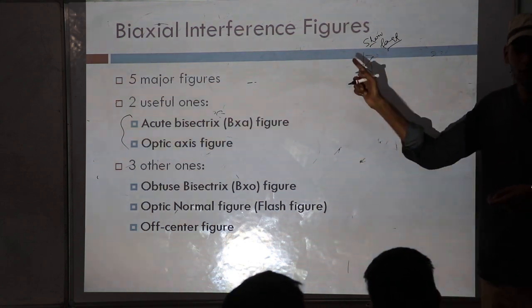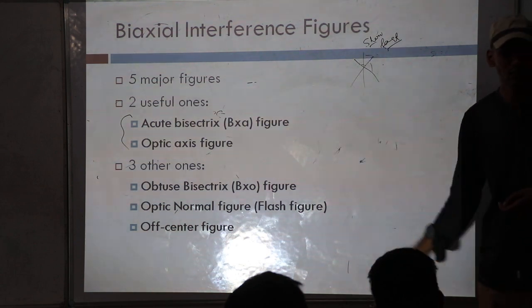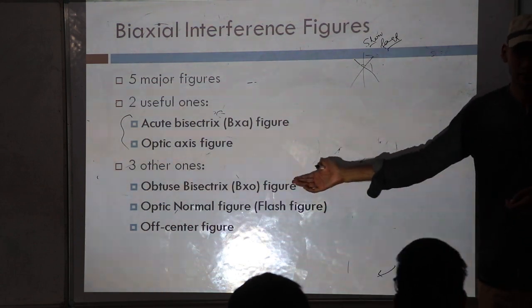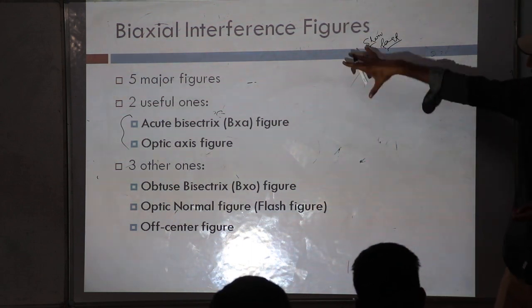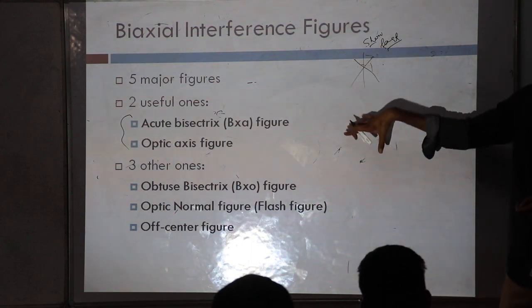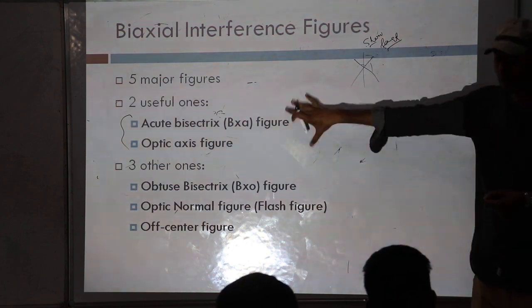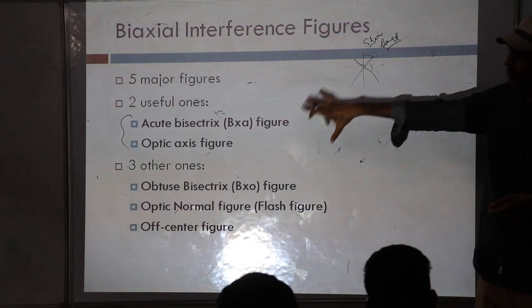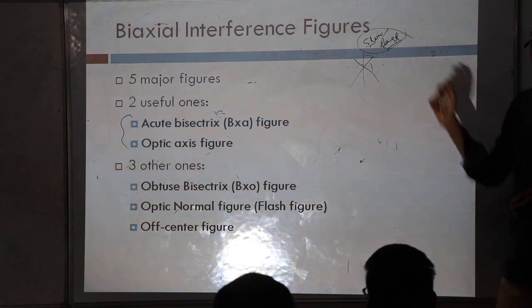If that is known to us that the acute bisectrix is slow, then what is the use of determining optic sign? Got that? We do not know whether this acute angle bisectrix is slow or fast. If we know that, why would we use this interference figure, right? We have to find out whether that is slow or fast.